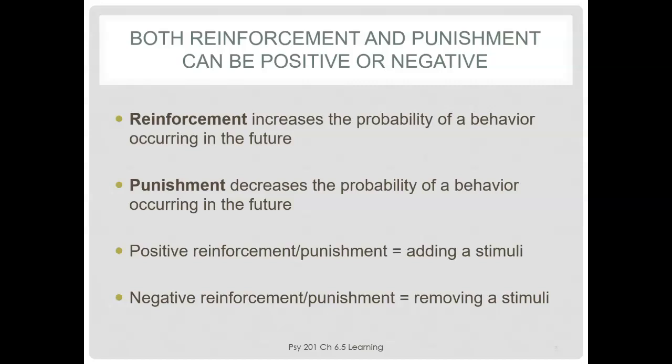Now, you can have positive reinforcement and positive punishment. You can have negative reinforcement and negative punishment. These differ simply in, do you add a stimulus or do you remove a stimulus from the situation? If you're going to use positive punishment, you add a stimulus. If you're going to use negative punishment, you're going to remove a stimulus.